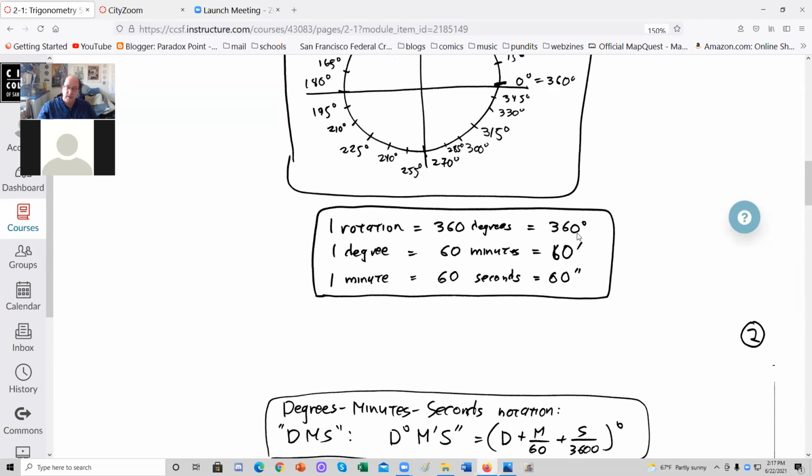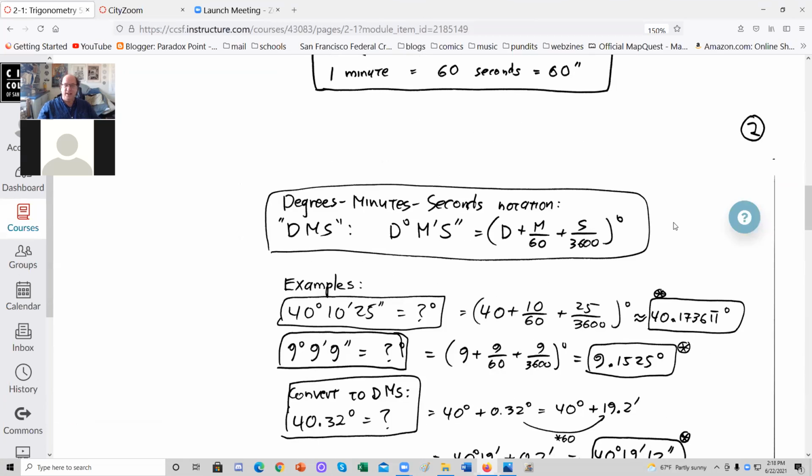And 360 is a highly divisible number, divisible by 2, 3, 4, 5, 6, 8, and 9, and 10, and 12. And it's close to the 365.25 days in an average year. So they settled on that. Talk about tradition, going back to the Babylonians. Amazing.